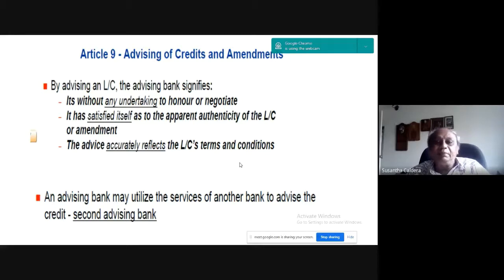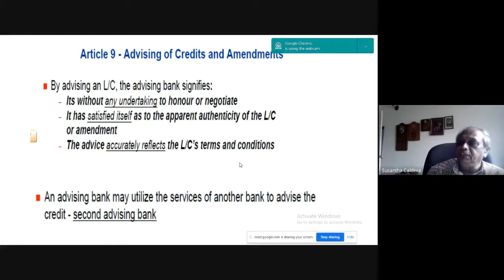An advising bank may utilize the services of another bank to advise, the second advising bank. For example, when we initially started the Cargills Bank business, Cargills Bank was unknown to the international market.